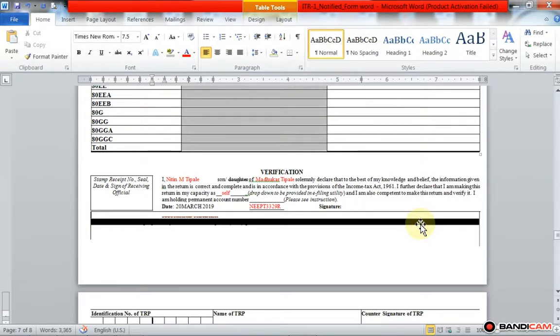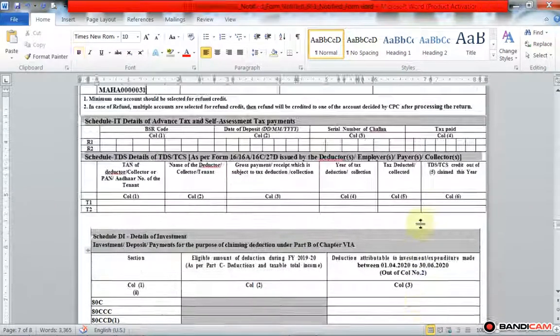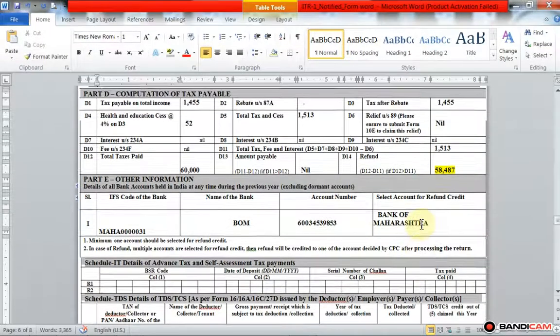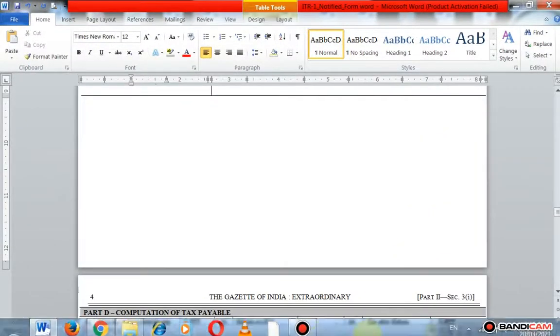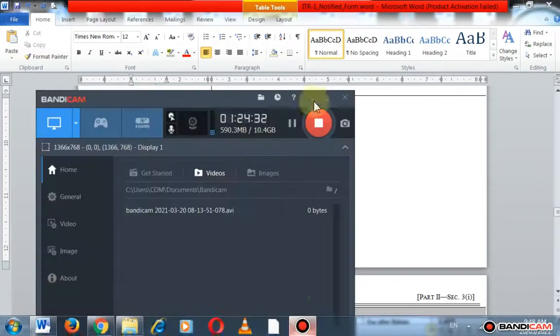Next is the PAN card number of the SEC, then the date, and then the signature. So here we complete the whole process of filing an income tax return with an example. In our next lecture we will file an income tax return with another example. Okay, thank you very much.